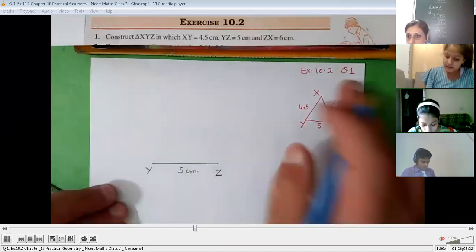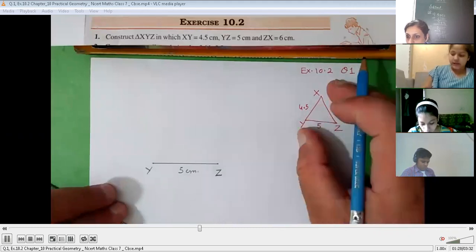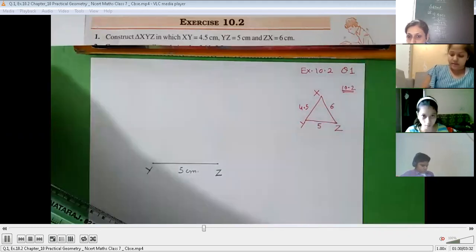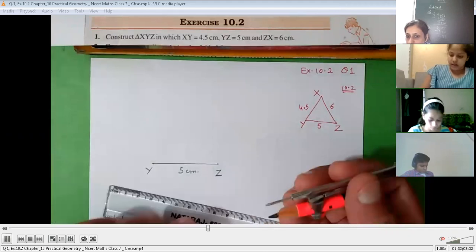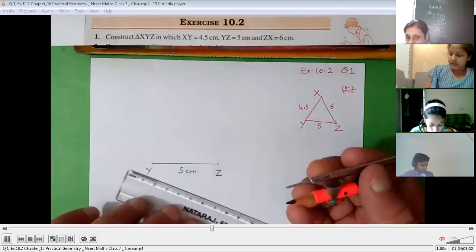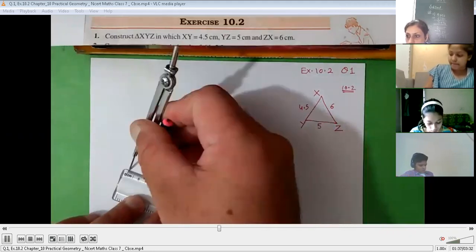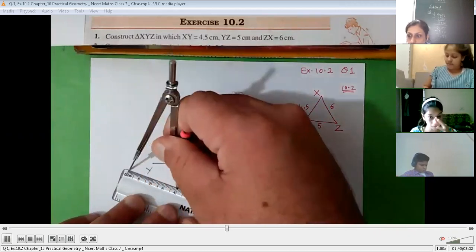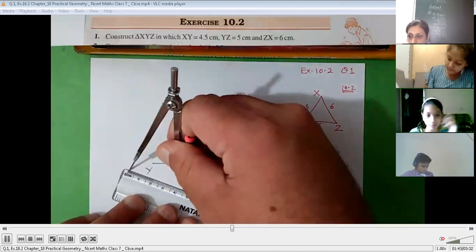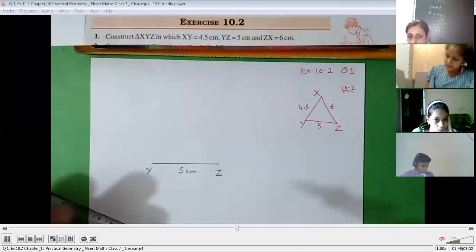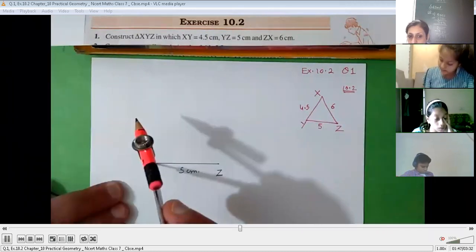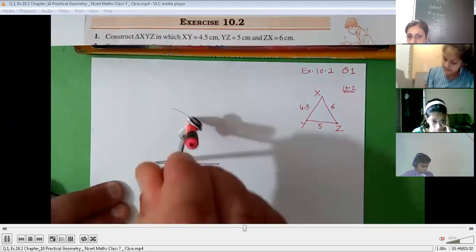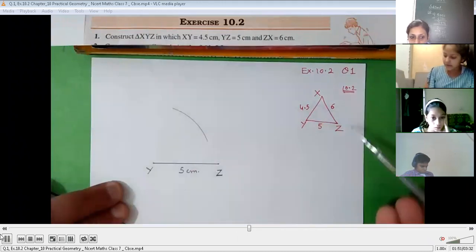Then we have to draw this line, 4.5 centimeter XY line. So what we are going to do, we'll take a compass in our hand and with the help of scale, we are going to measure 4.5. Just see here, we measure 4.5 with the help of scale like this, put your needle on point Y and mark like this.